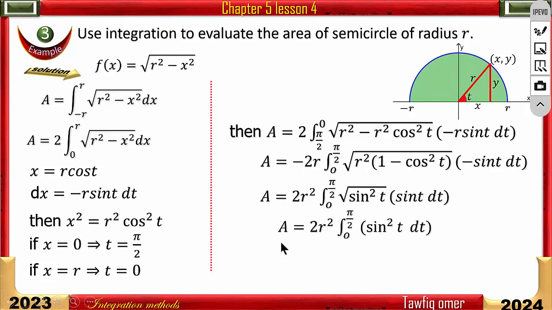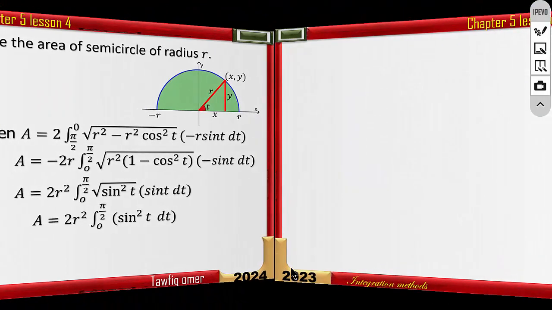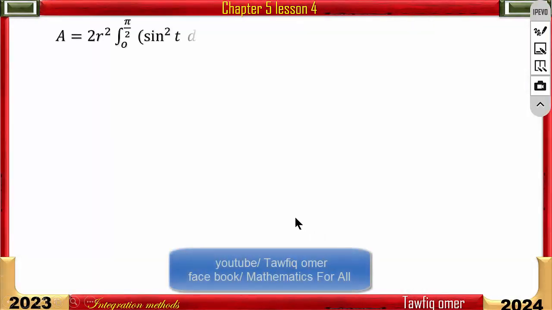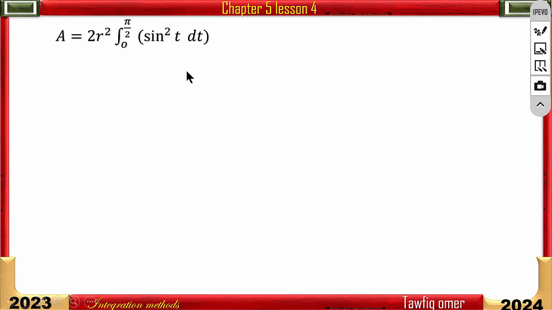Now simplifying, area is equal to r squared, integration from 0 to pi over 2, and the square root of sine squared is sine, so sine times sine is sine squared t dt. Continuing, area is equal to r squared, integration from 0 to pi over 2 of sine squared t dt.